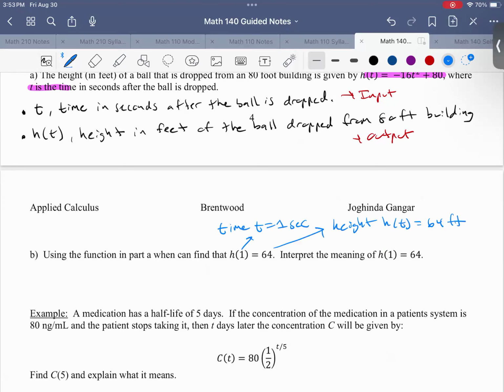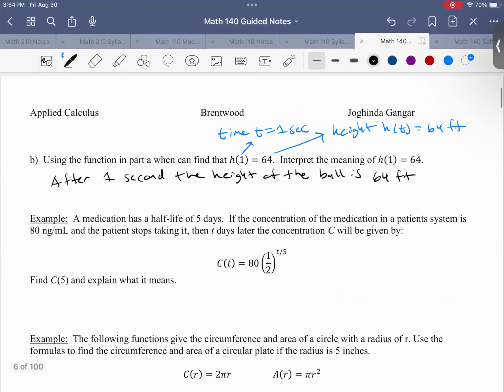Let's write that in a sentence: after 1 second, the height of the ball is 64 feet. Okay, so that's just interpreting a certain situation using inputs and outputs of a function.